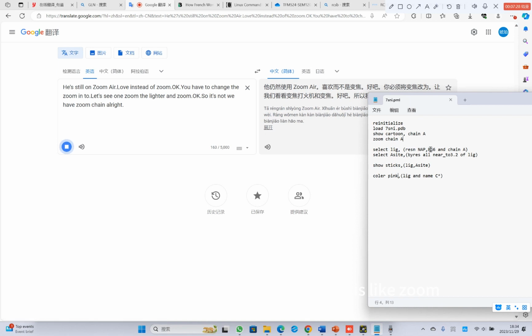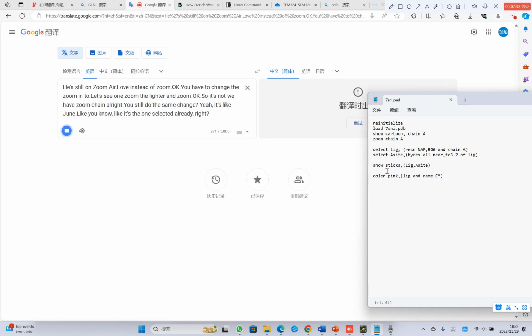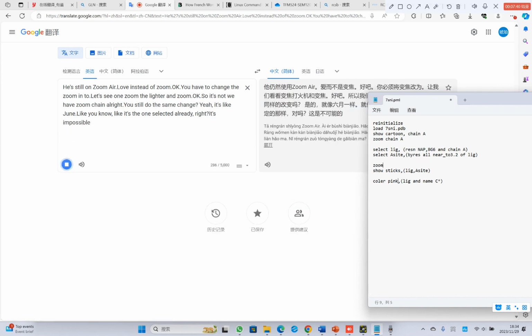Instead of zoom chain A, I select zoom ligand. Ligand is the one we selected already, right? So far so good. This one is easier. Then when you want the A, it zooms. Okay, it's also zooming the ligand.